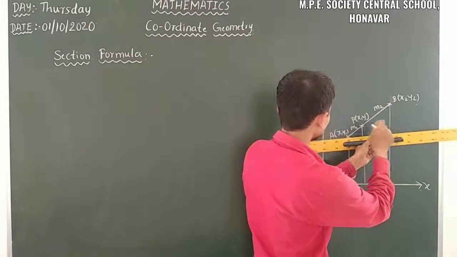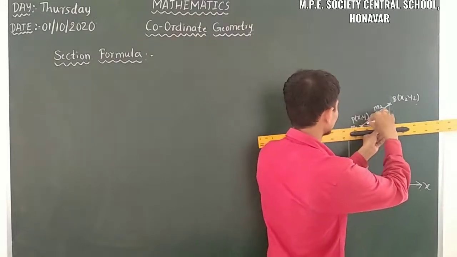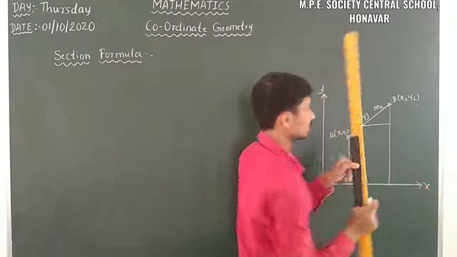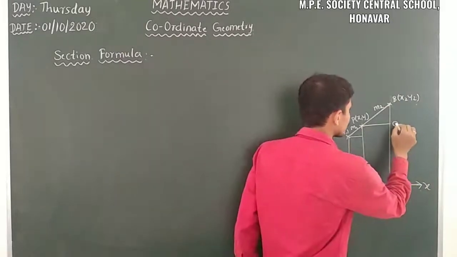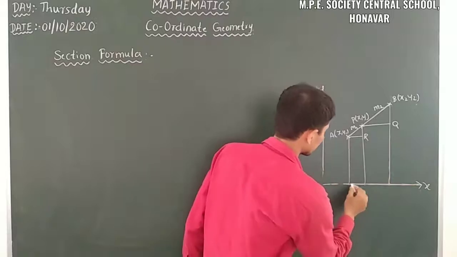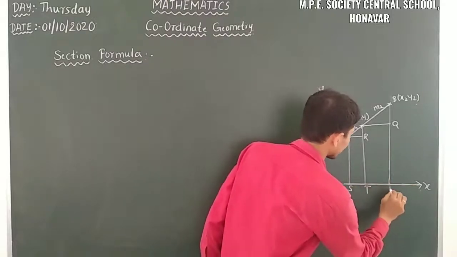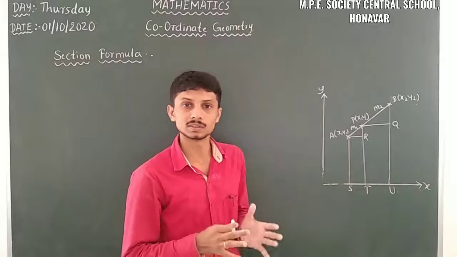Then I will draw the perpendicular distances here and here. I will label them PQ, R, S, T and U, as all these cases are needed.